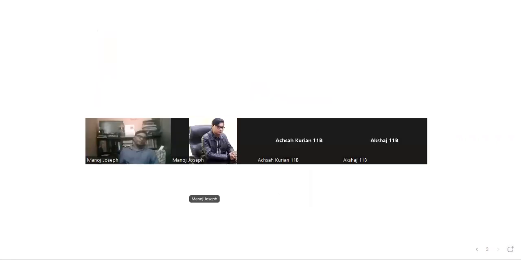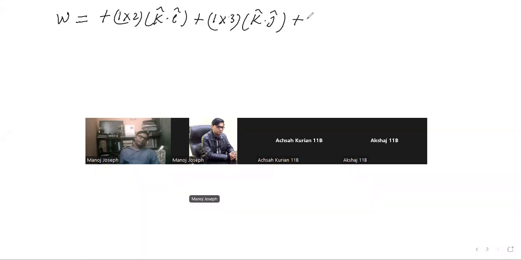So it will be 1 into 2, K dot I cap, plus 1 into 3, K dot J cap, plus 1 into 4, K dot K cap.